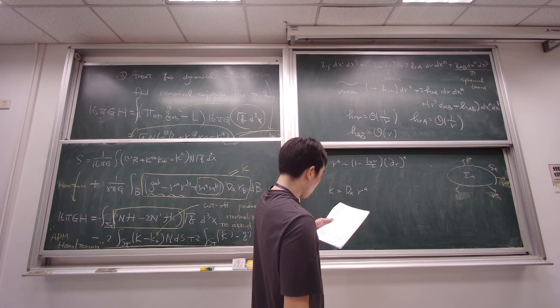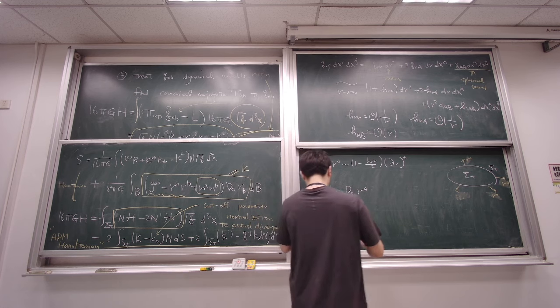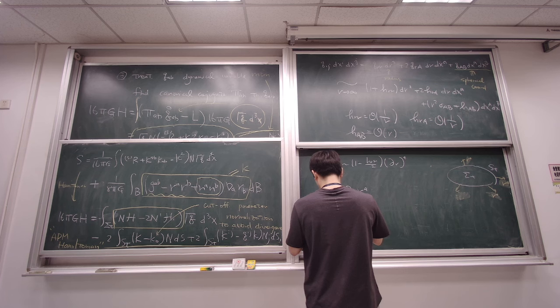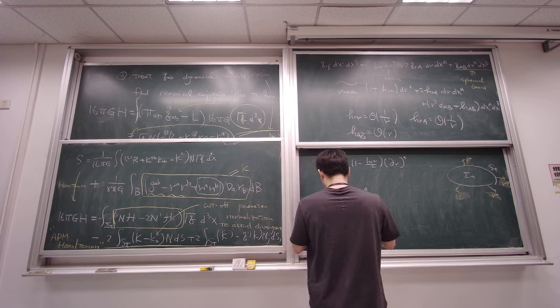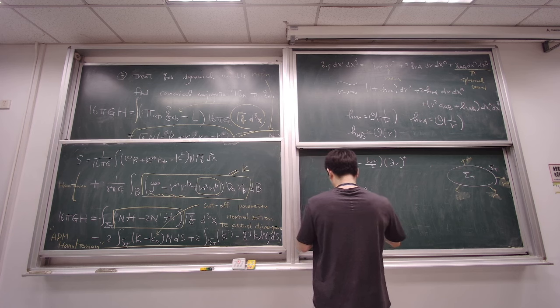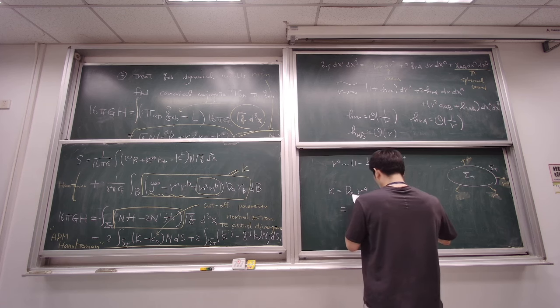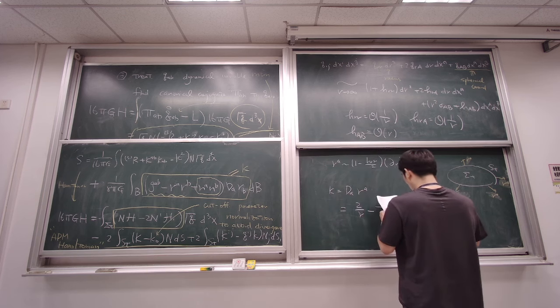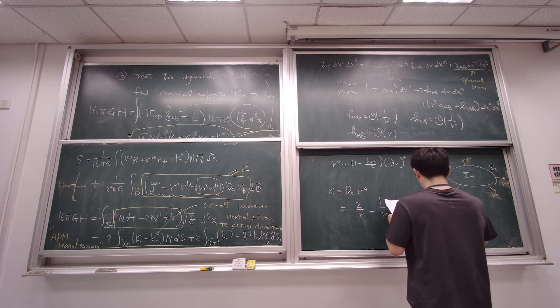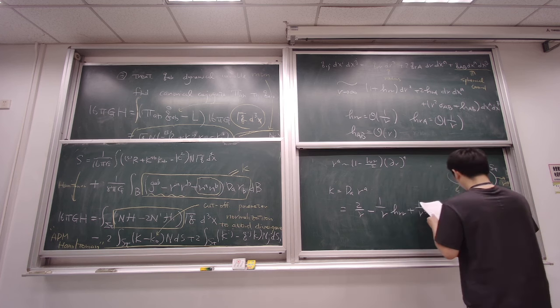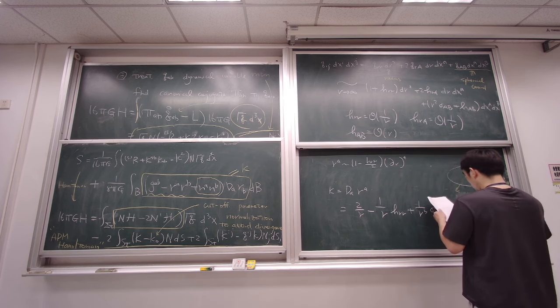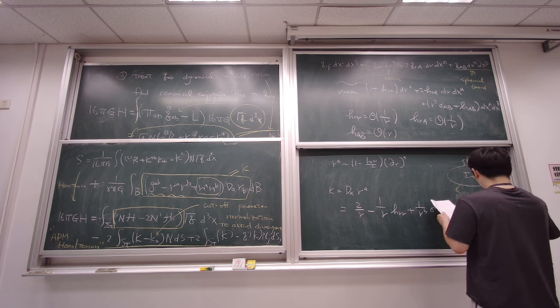And if you do the computation, what you get is as follows: K is in fact given by 2 over r minus 1 over r h_rr plus 1 over r cubed sigma^AB h_AB, and then plus 1 over 2r squared sigma^AB partial r h_AB.